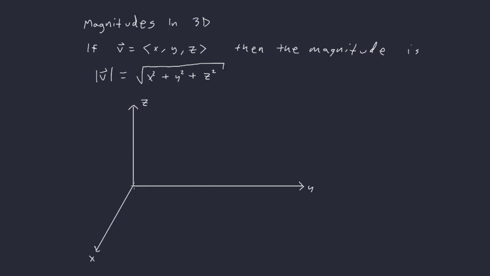So let's suppose here's my vector v, and it terminates at the point x, y, z. In other words, it is the vector x, y, z. Okay, so its magnitude is going to be the length of this line.